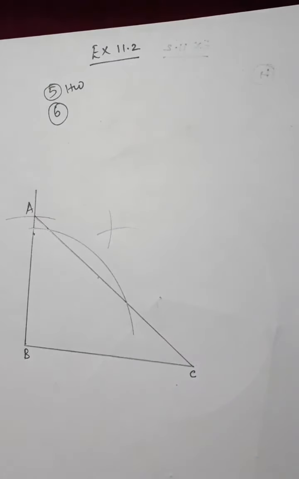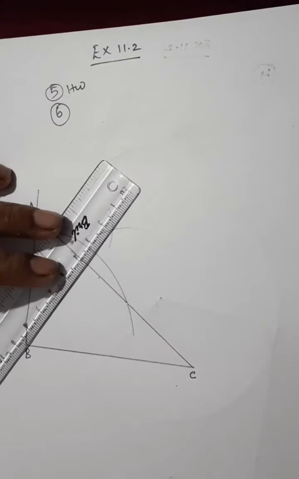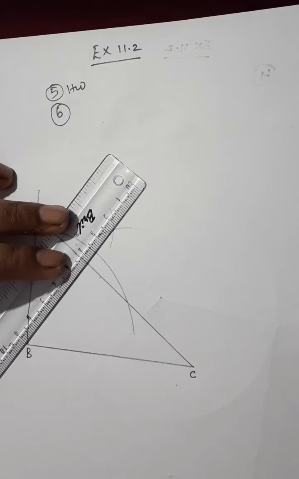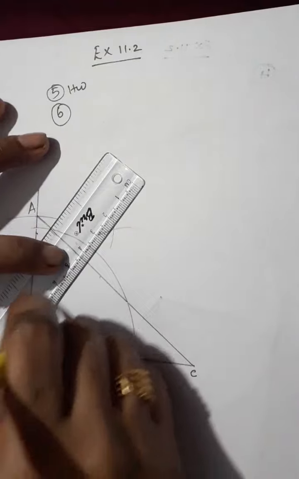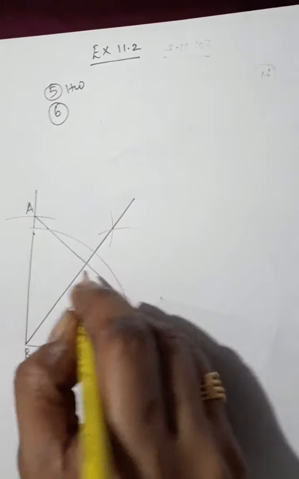Okay, then we can join. This can be the perpendicular from B to AC. Now this is a point, this is point D.